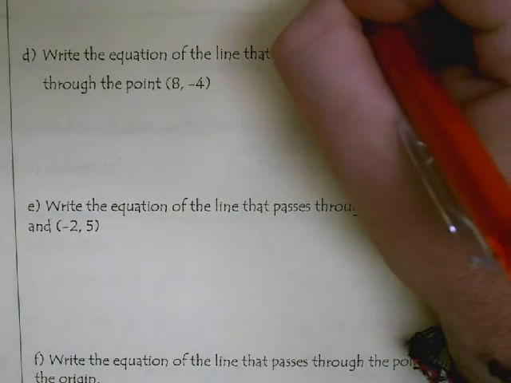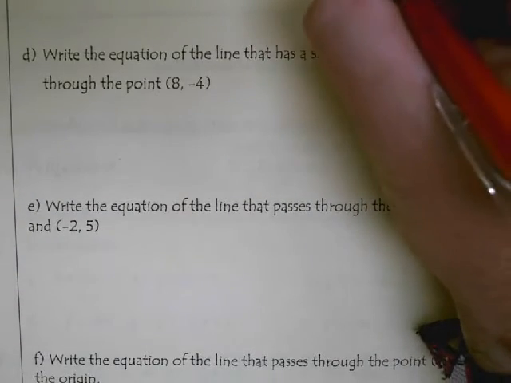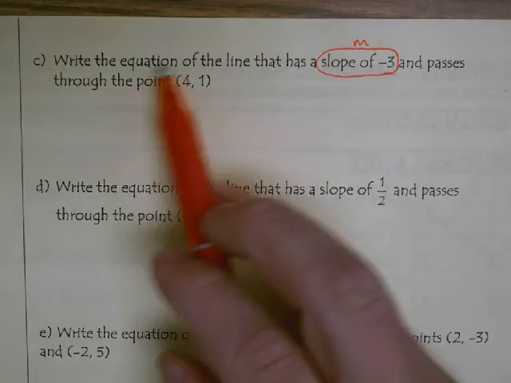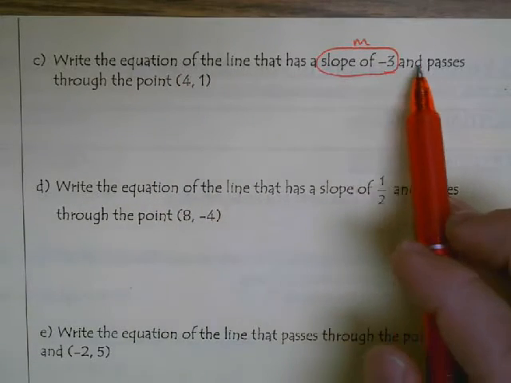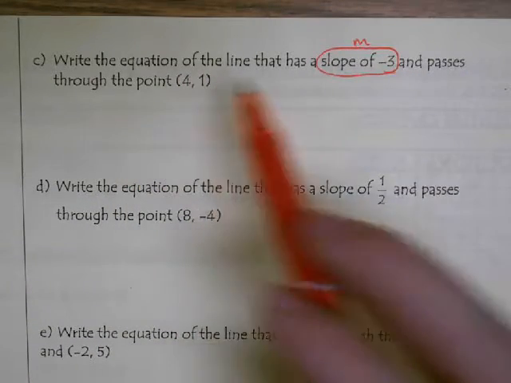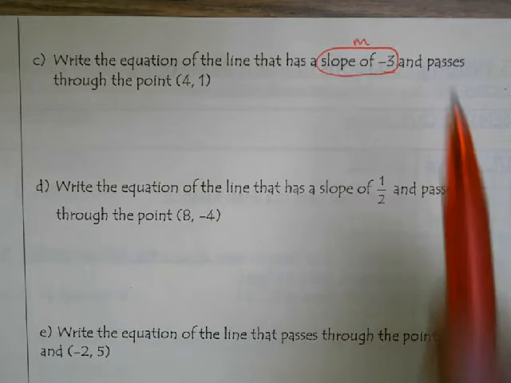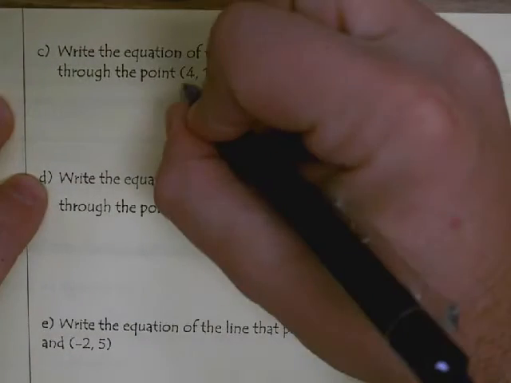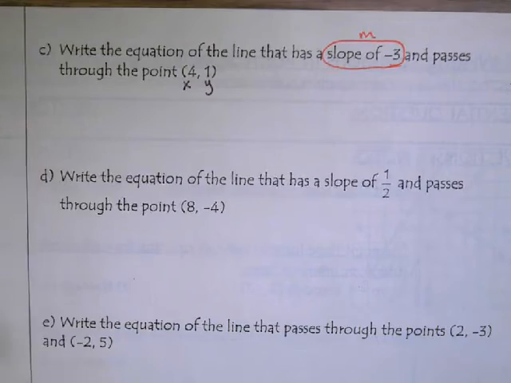So we're given a slope, but are we given a y-intercept? We are not. What we are given, though, is an x and a y.